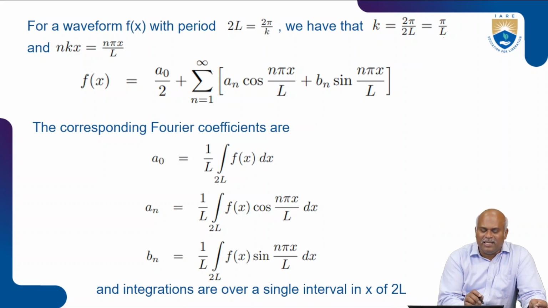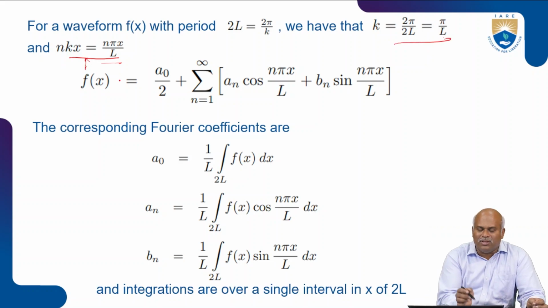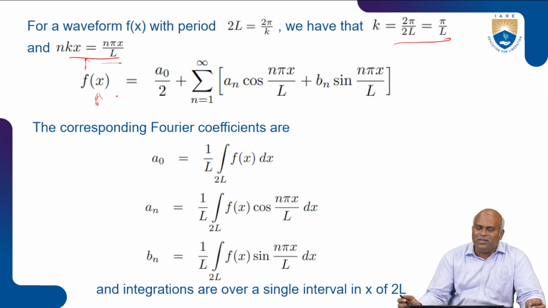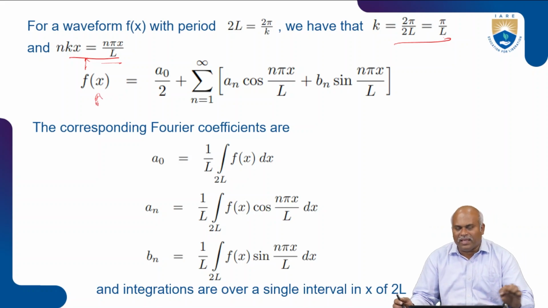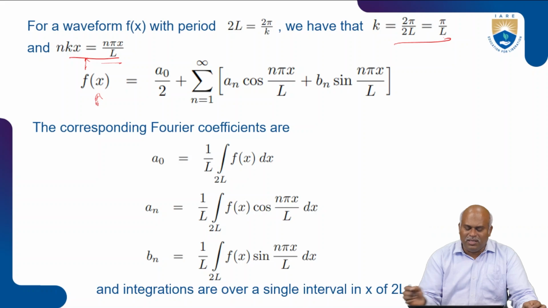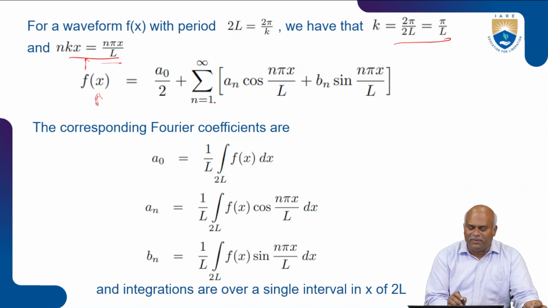Now in this condition, nkx is equal to n pi x divided by L. Based on this notation, I should write the Fourier series using the trigonometric condition: f of x equal to a0 divided by 2 plus summation of n equal to 1 to infinity an cos n pi x divided by L.